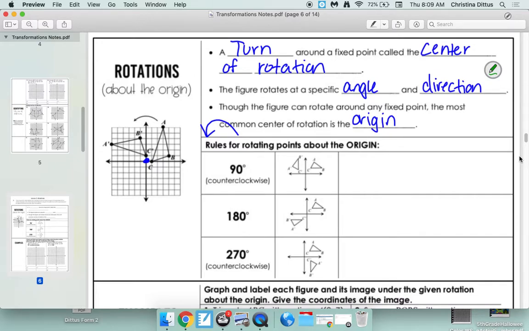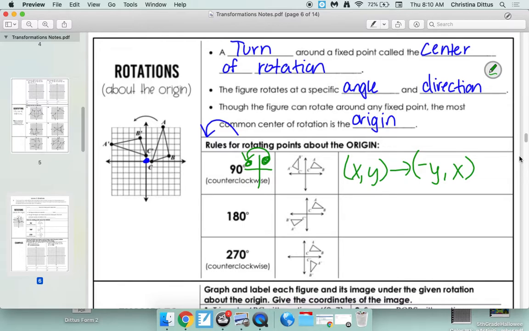Alright, so we got these rules. We write rules using this XY notation. So you take your points XY, and if you're going to rotate 90 degrees counterclockwise, so like if your figure is here, 90 degrees counterclockwise, your figure is going to end up there. Our rule is negative y, x.